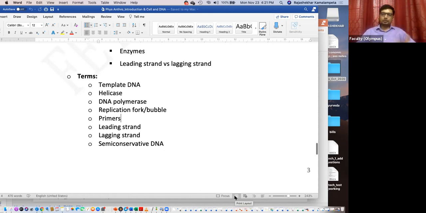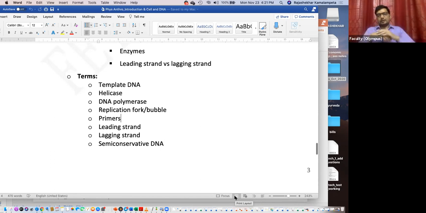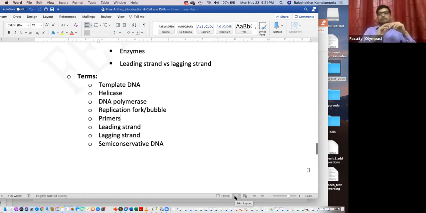Products are called continuous, discontinuous. Is leading always the top strand, or did we just use top for the sake of discussion? It can be any. I only have to show one orientation, but it could be top or bottom, it doesn't matter. The one with 3 to 5 prime, leading is always 3 to 5, and 5 to 3 is the lagging.